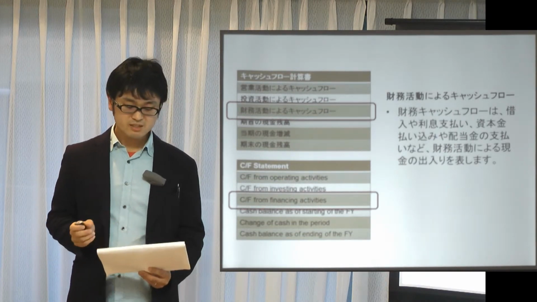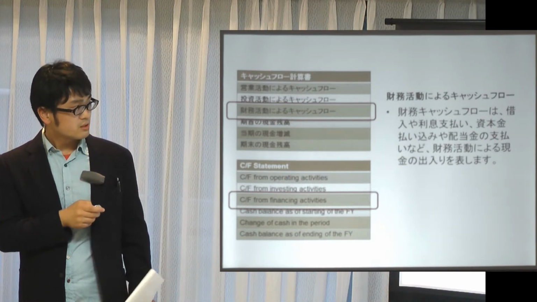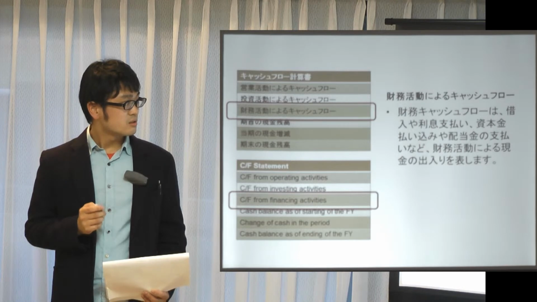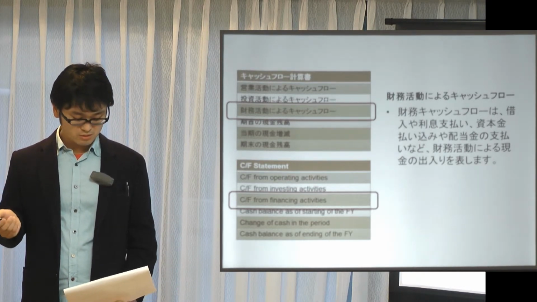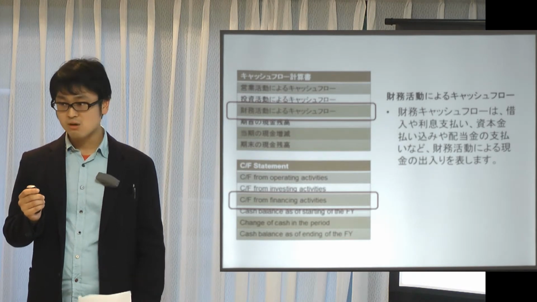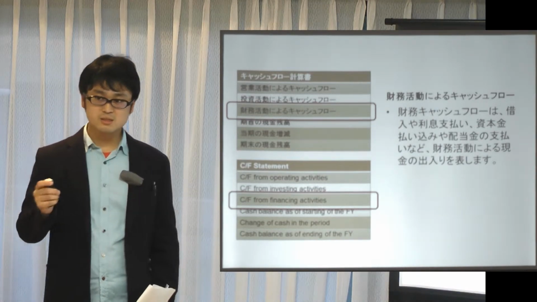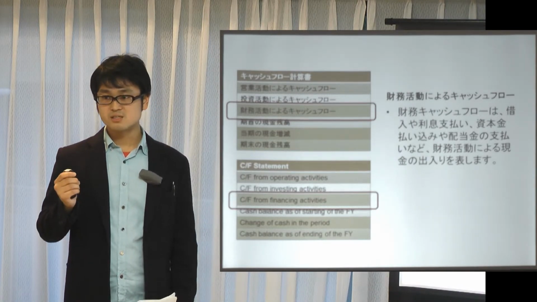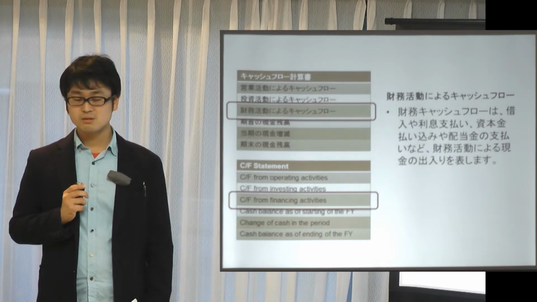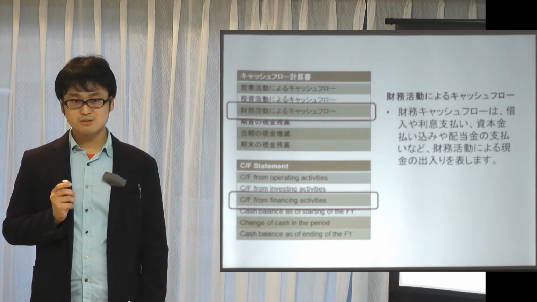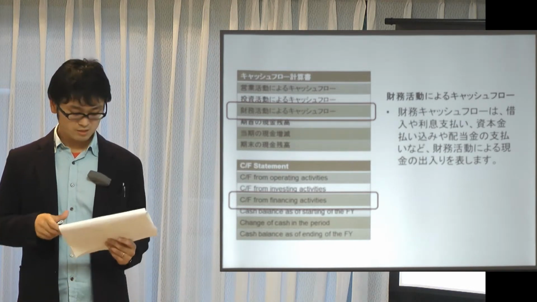The financing activities section of the cash flow statement shows repayment of debt, payment of interest, and borrowing of funds, as well as injections of capital and payments of dividends.